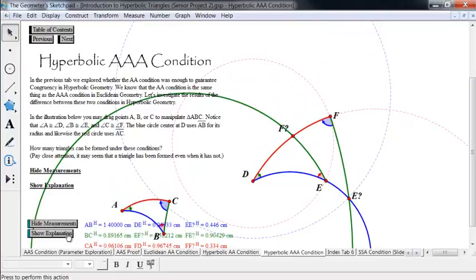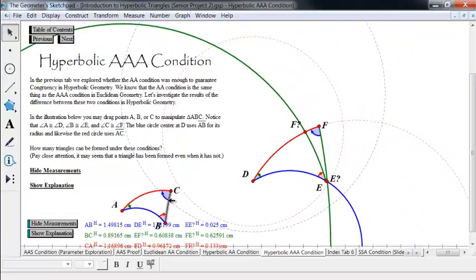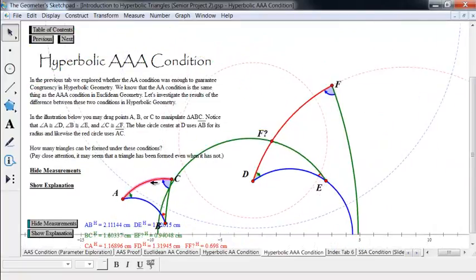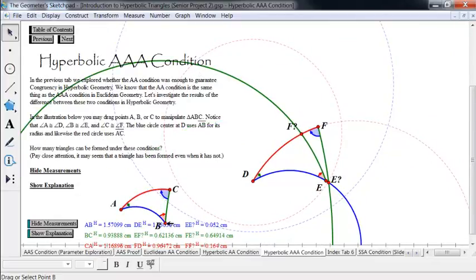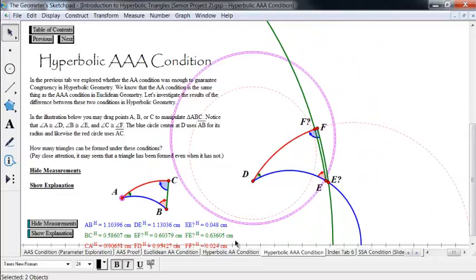Let's throw some measurements in here. Just make this fit my screen a little bit better.